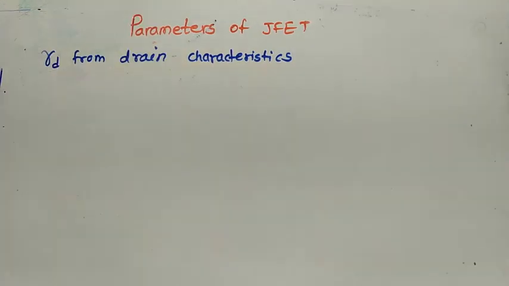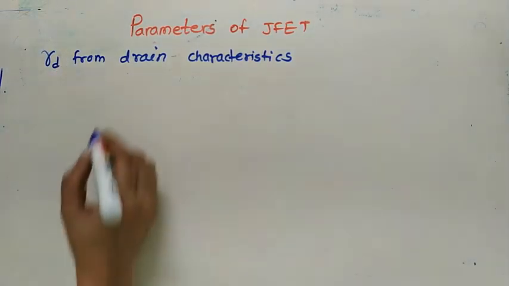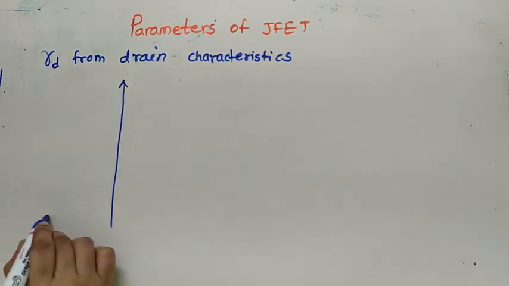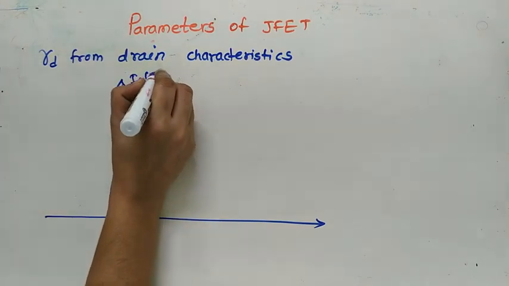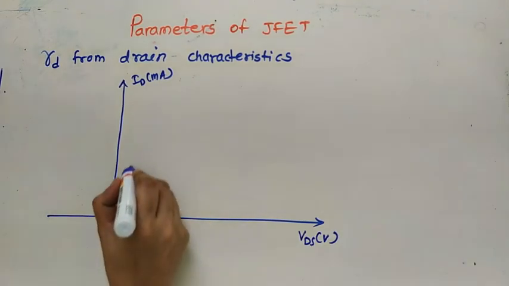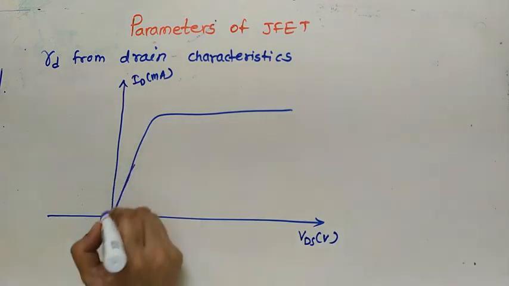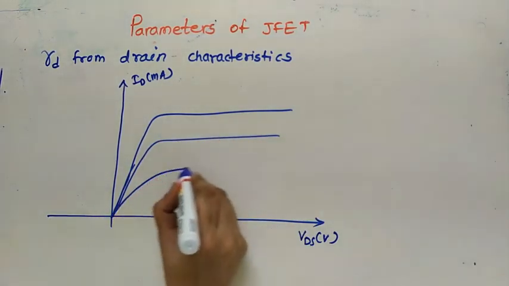Now we'll calculate RD from output characteristics or drain characteristics. How is our drain characteristics? This is ID in milliampere, this is VDS in volts, and we are having the characteristics like this.